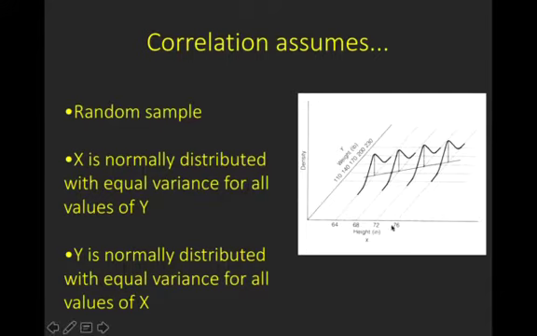So for each of these x values, there is going to be some sort of distribution on the y-axis, and there's going to be density and a histogram that we can plot for each of those x values. And conversely, y is going to be normally distributed on the y-axis with equal variance for all values of x. So it's kind of like this two-way histogram, or I guess it'd be like a three-dimensional histogram.